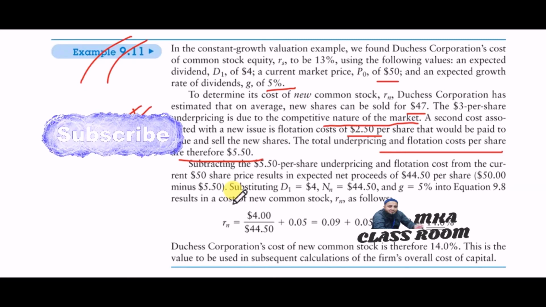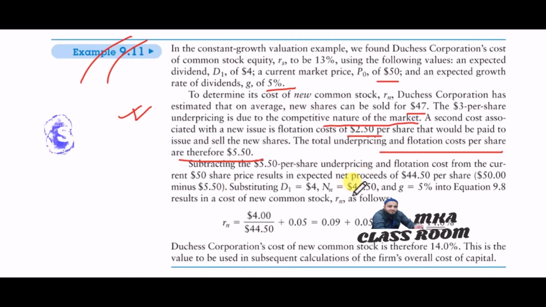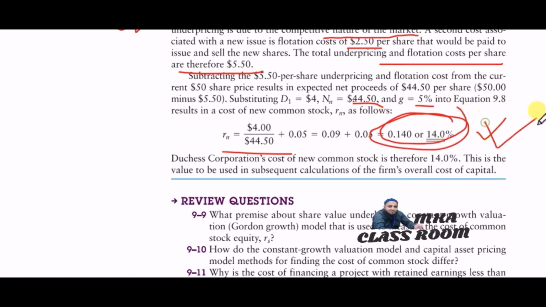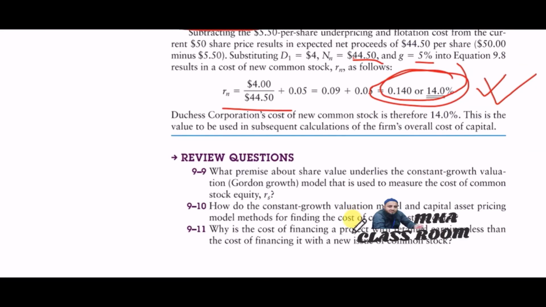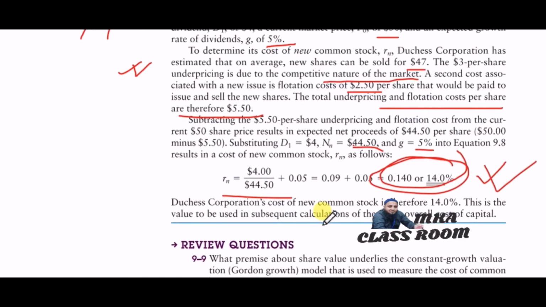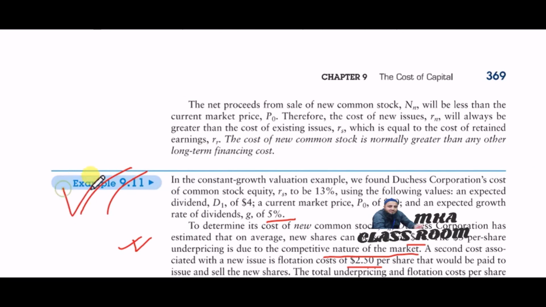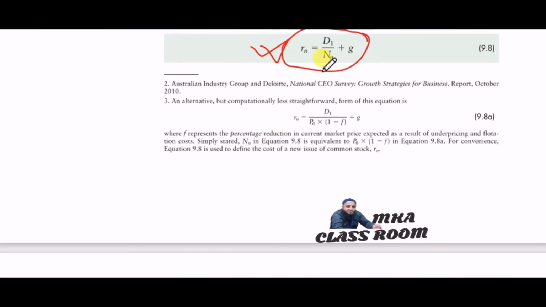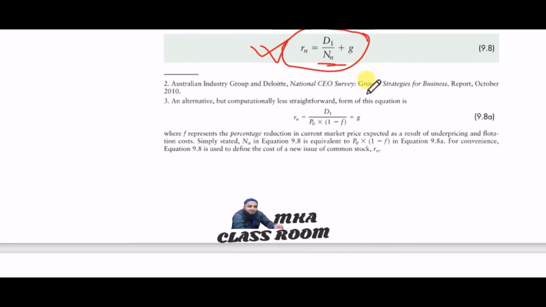Substituting D1, the new issue price 44.50, and growth rate 5%, the result should be 14%. So 14% is our cost of the new issue of common stock. There is a formula, and RN should be the cost of new issues of common stock.